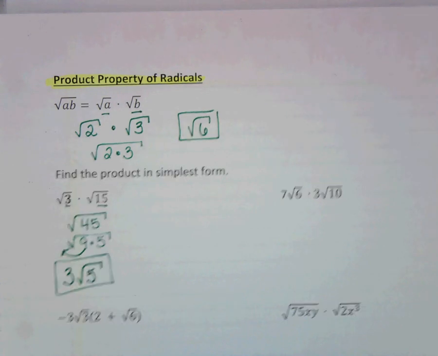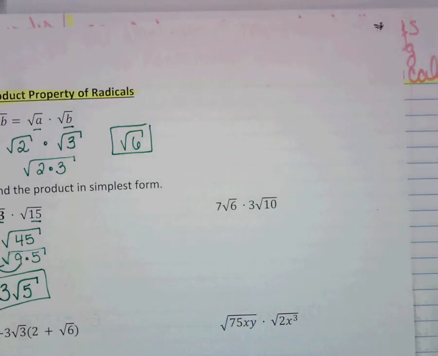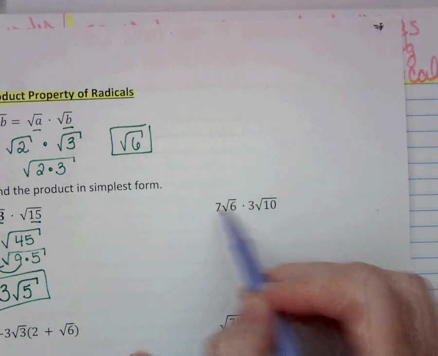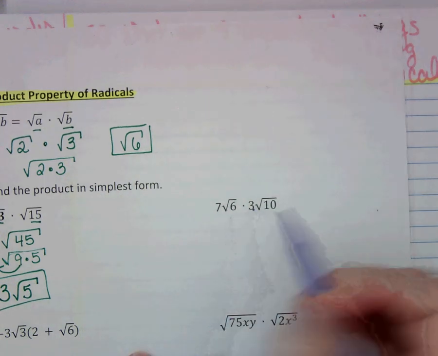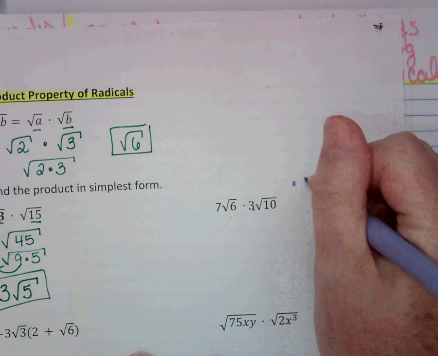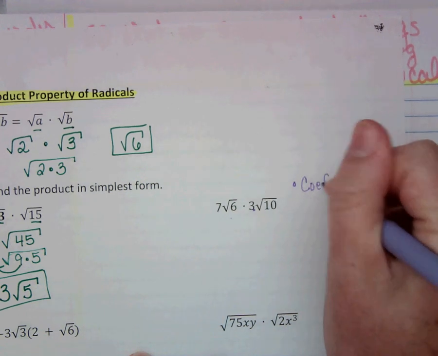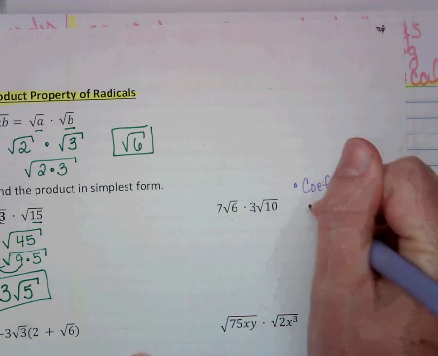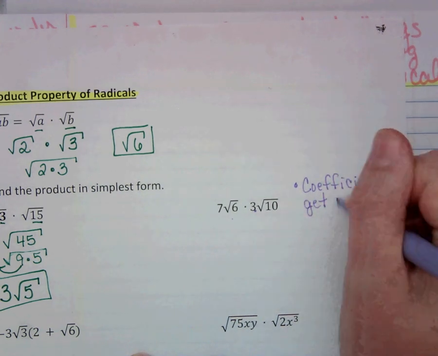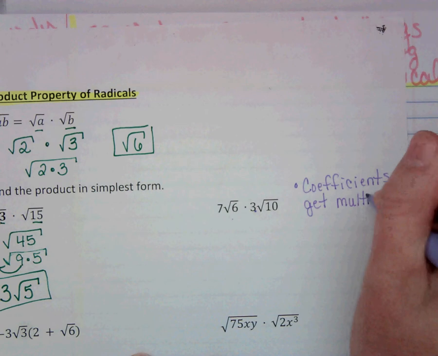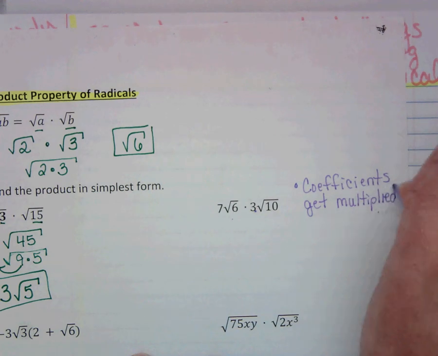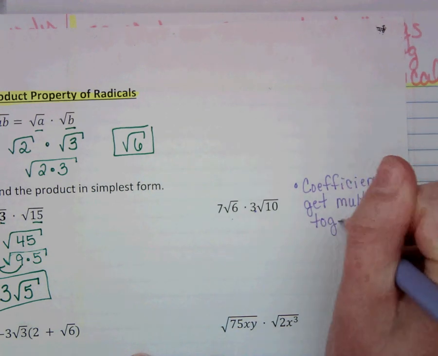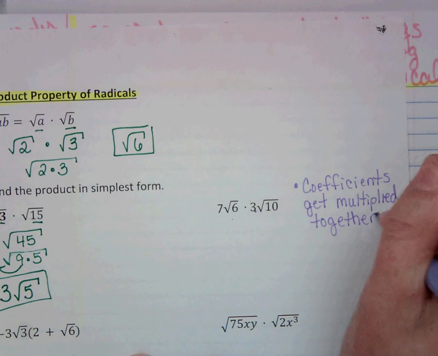Okay, here's another one. This one's a little bit different because we have both coefficients and we have radicals. So something I want you to keep in mind is that coefficients get multiplied together and the radicals get multiplied together.